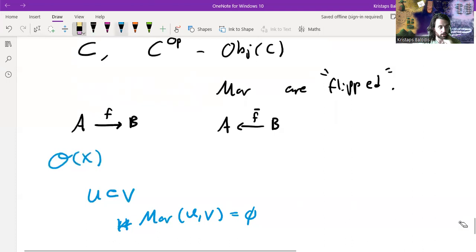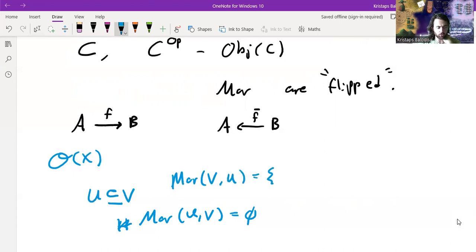And of course, if U and V are equal, I'm going to have one morphism, the identity morphism. And now I'm instead going to have morphisms going from V to U. But what are my morphisms from V to U? It's actually an inclusion map going in the opposite direction, right? So it's just a way where we formally think about maps going in the opposite direction than they normally do, even if it doesn't make sense for there to be a map in the other direction.